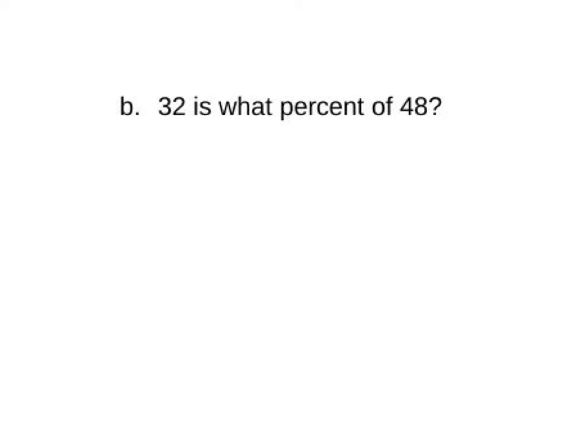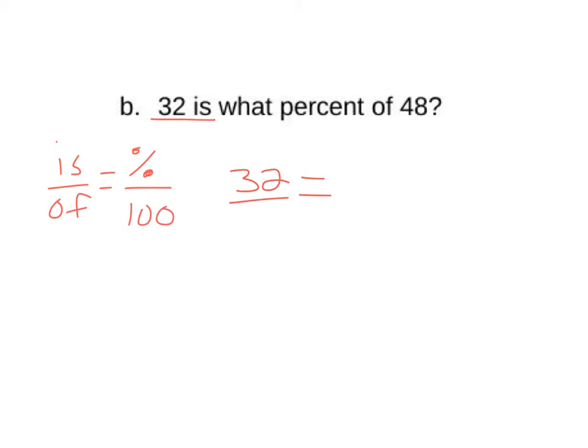So example B, 32 is what percent of 80? So if we're looking at our is over of equals percent over 100, what we're going to want to do is let's make sure we plug that in. 32 is what percent? So the question is we don't know what percent out of 100, but it's going to be of that 80.